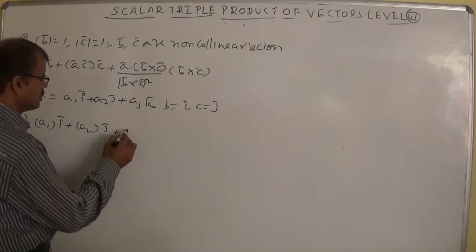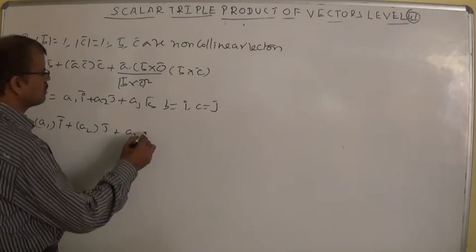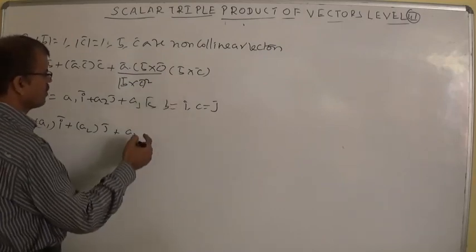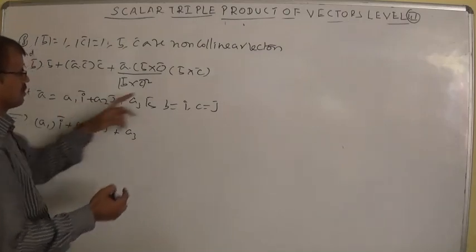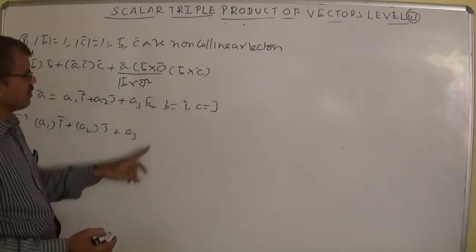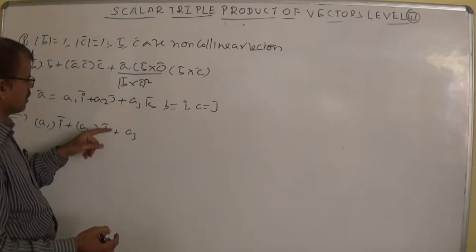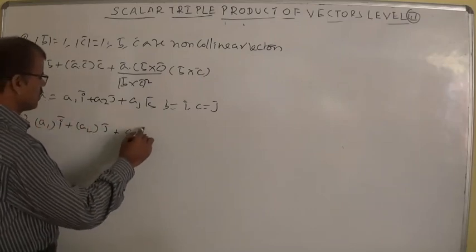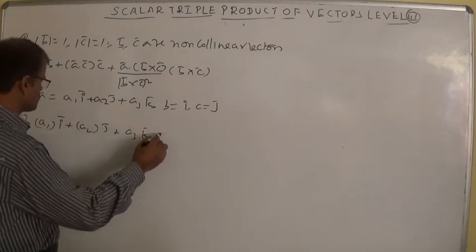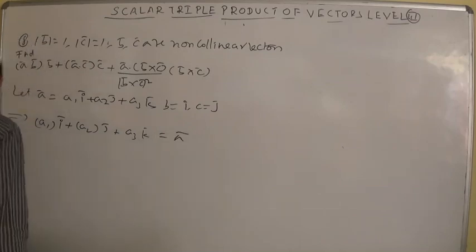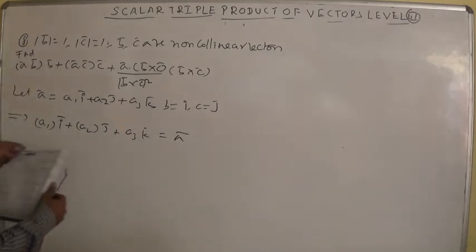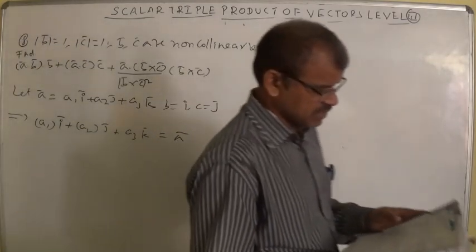So here you write A3 into modulus of B cross C. The value of B cross C is equal to i cross j, which is k, and k by k squared is 1. That is also the answer. We got the value simply A bar, the first option.